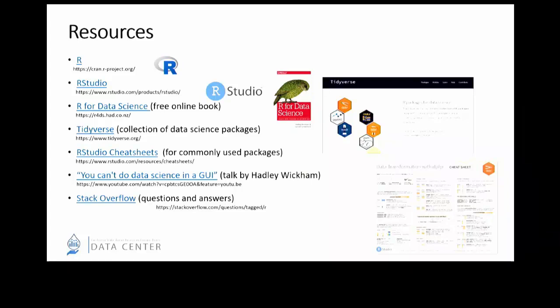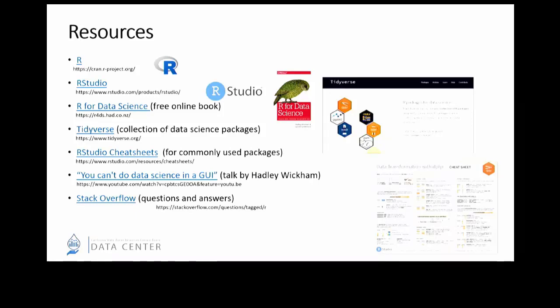So finally, I just wanted to give a couple of resources. There's an overwhelming amount of stuff out there on the internet for R. Like I mentioned, you can download R and RStudio for free. There's a great book that's free online called R for Data Science.